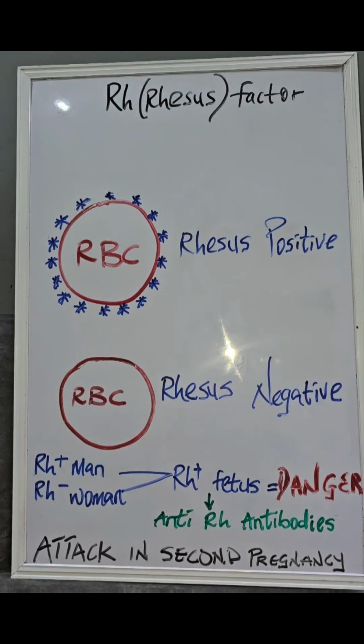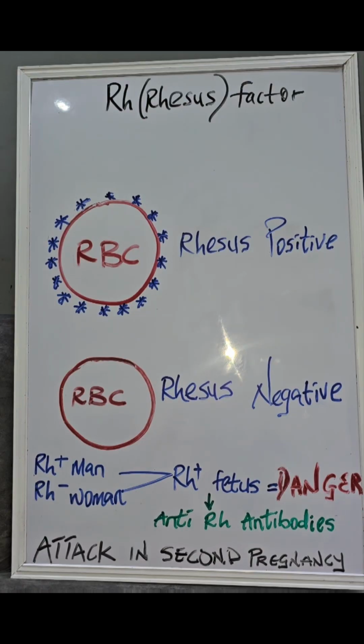Now the danger here is that a Rhesus positive man may get married to a Rhesus negative woman. If they conceive a Rhesus negative fetus, there is no problem. If the fetus is Rhesus negative, fine.